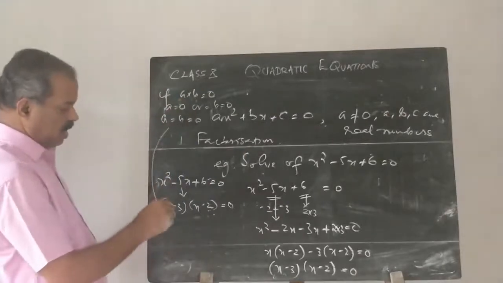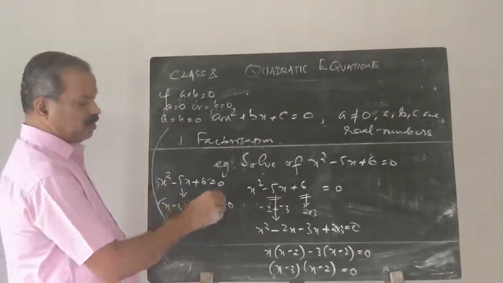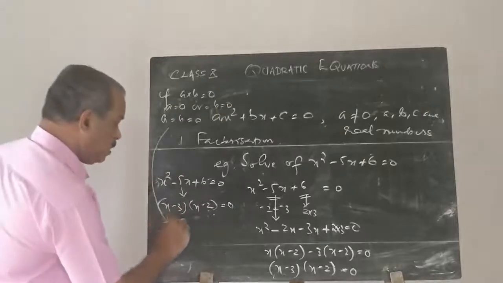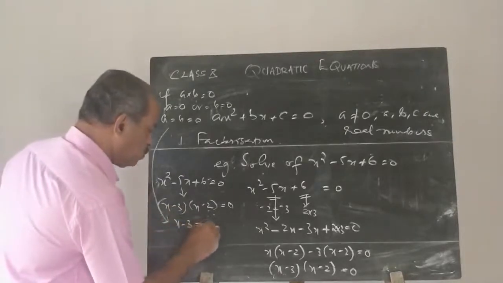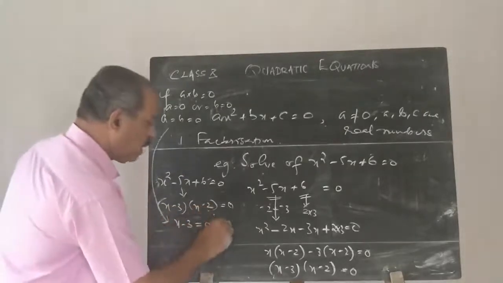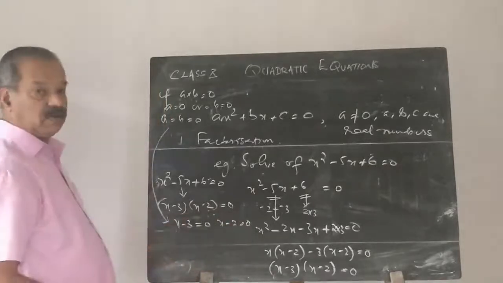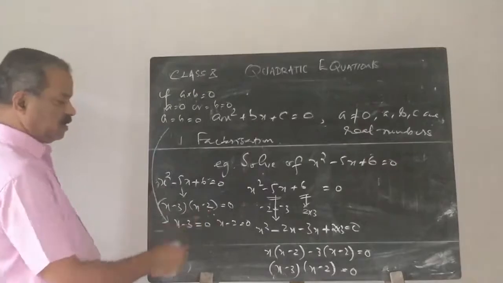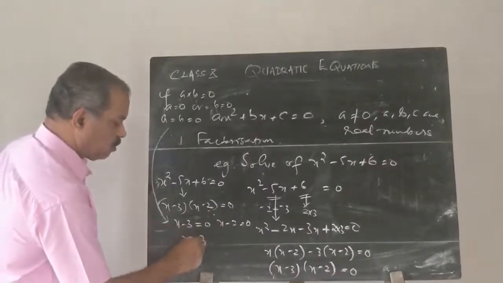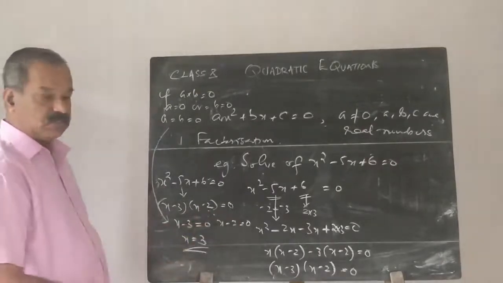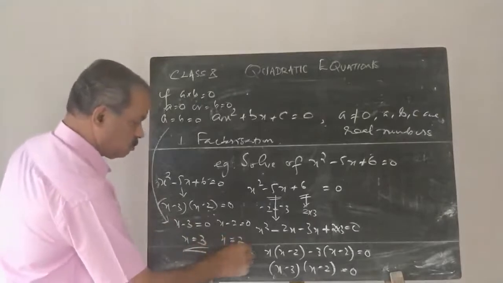According to this theorem, if x minus 3 into x minus 2 equal to 0, either x minus 3 equal to 0 or x minus 2 equal to 0. If x minus 3 equal to 0, x equal to 3. If x minus 2 equal to 0, x equal to 2.